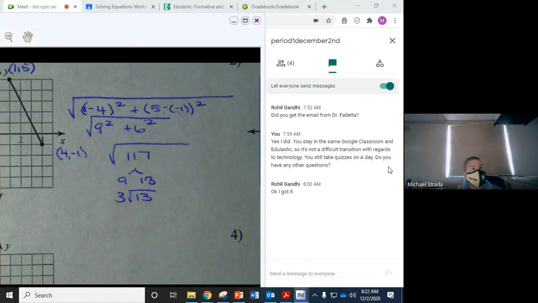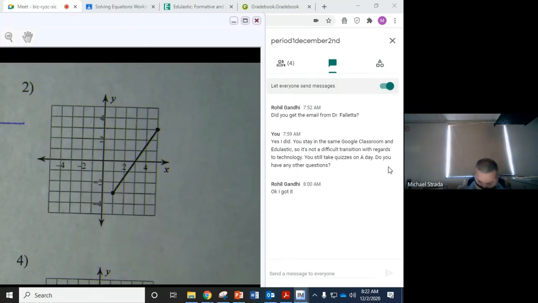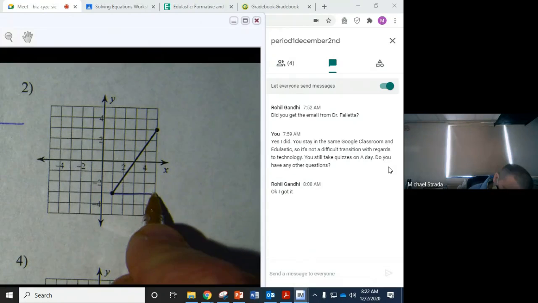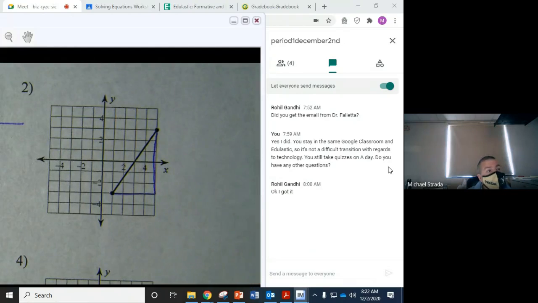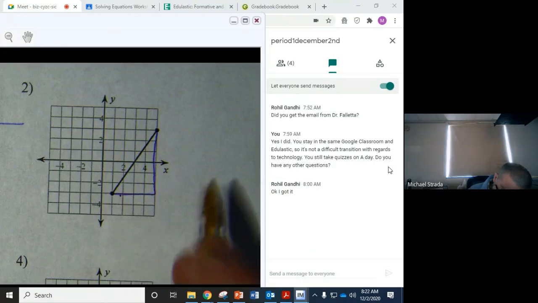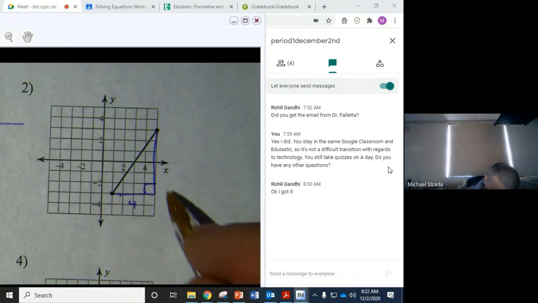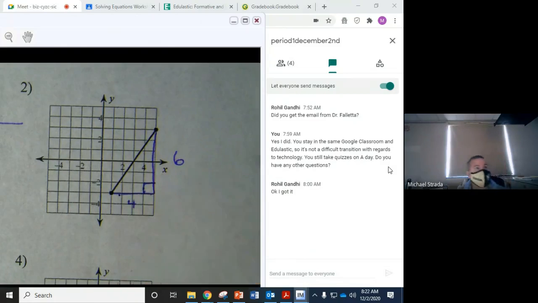And again, if that's your method, go right ahead. This is all I would do with this problem. I extend that, and I extend that down to form a right triangle. I then count 1, 2, 3, 4, so that has a side length of 4. 1, 2, 3, 4, 5, 6, so that has a side length of 6.